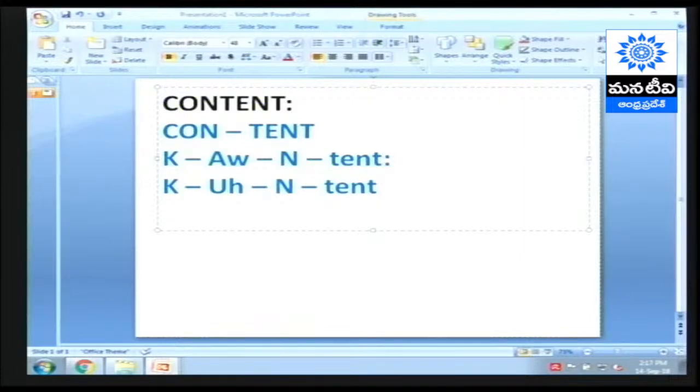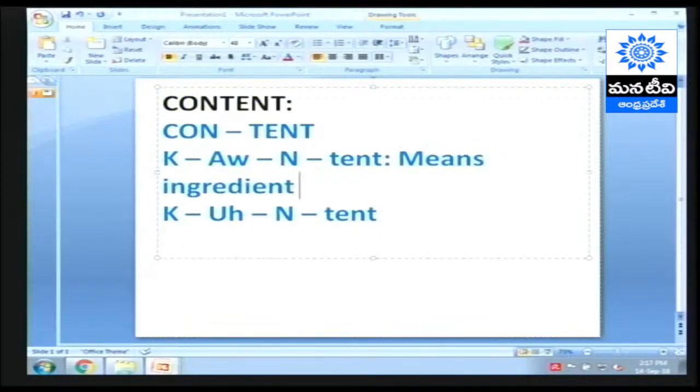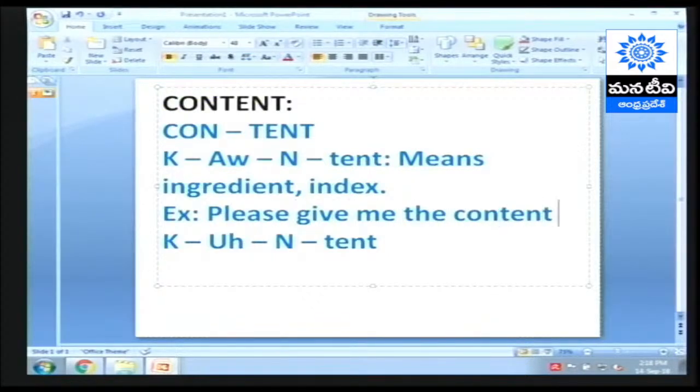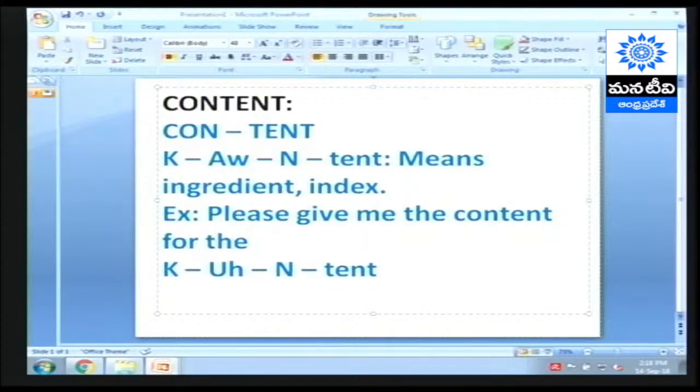Now, when we pronounce this as CONtent, the meaning, it means an ingredient or index. For example, please give me the content for the training. Okay.